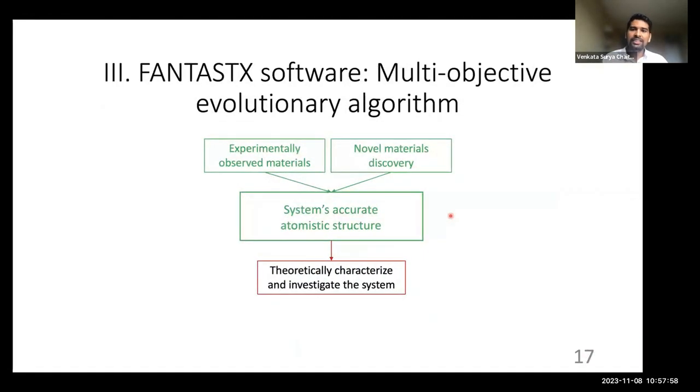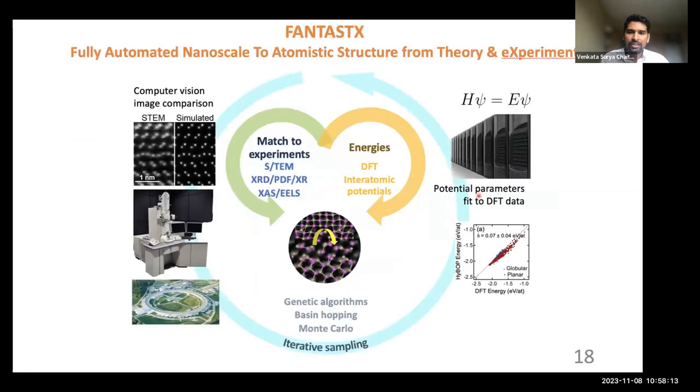So this leads us into our next software package, FANTASTX, where we perform this multi-objective optimization in order to get these interfacial metastable structures or unknown phases in experimentally observed materials. FANTASTX stands for fully automated nanoscale to atomistic structure from theory and experiments. So we use theory to calculate the thermodynamic energy corresponding to its stability.